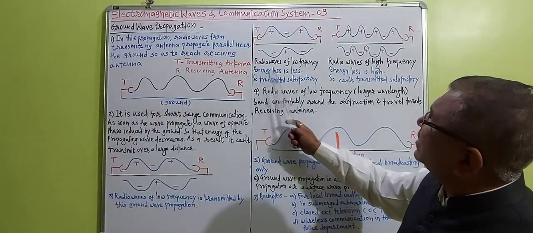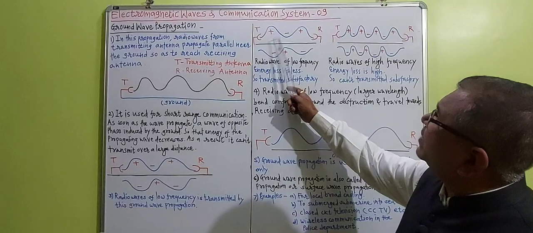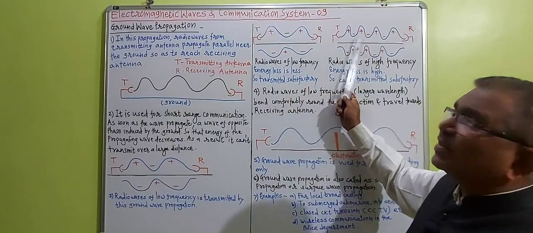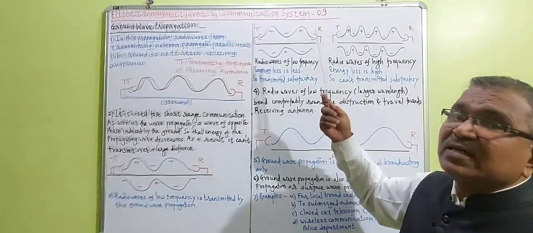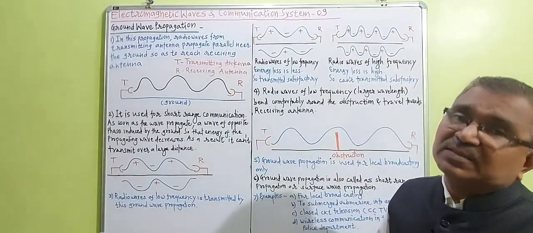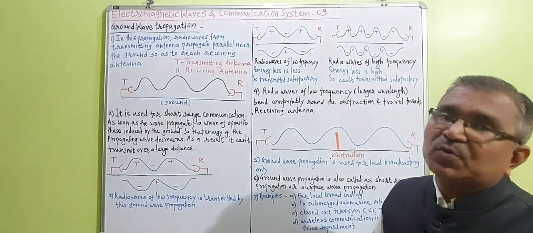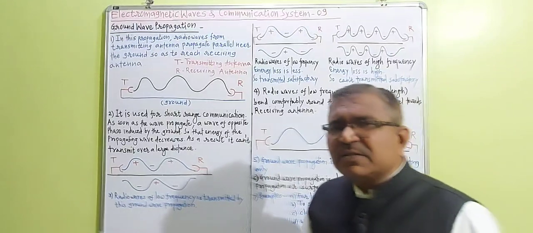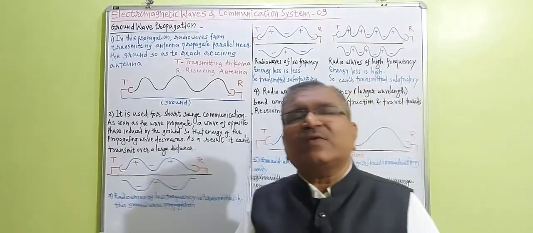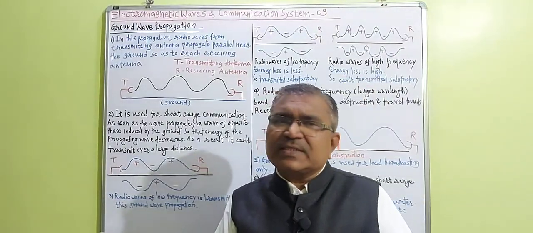Here the frequency is high, so loss of energy is high, and such a wave can't be transmitted during ground wave propagation. But there is another important advantage of low frequency.